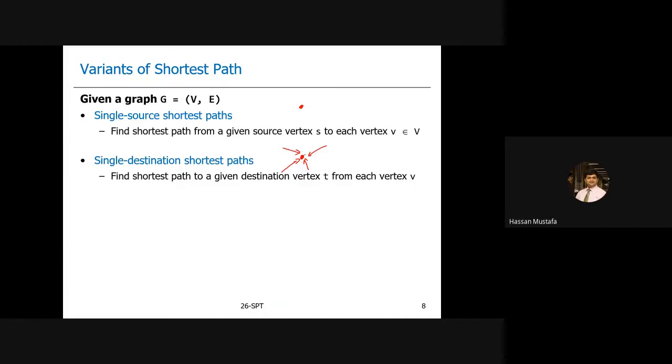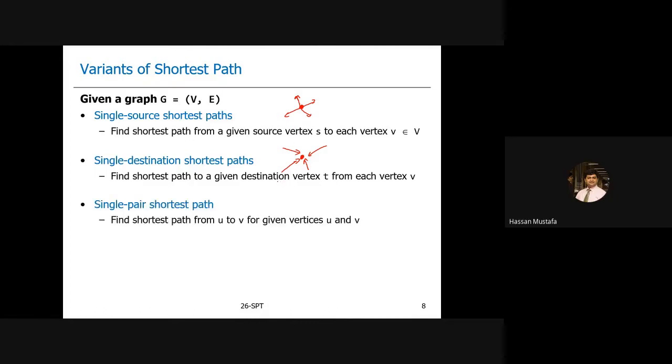Maybe for some specific event, we would like to see how many different paths we can have to reach a specific venue. And for single source, maybe when the event is finished, we would like people to go back to their homes, and we would like to find the distances from this venue to all the residences of the people that came to this event. So these are two opposite types of problems.